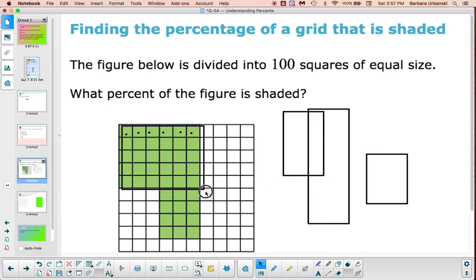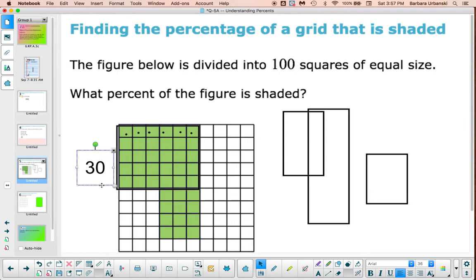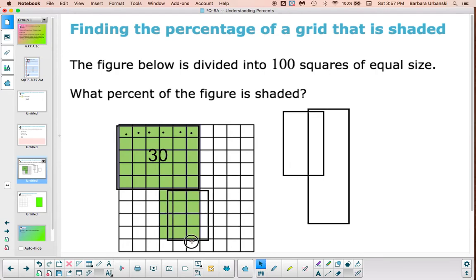If I had this as the area, I could see that this is 6 by 5. So we would know that the area of that would be 30 squares. Then you'd take a look at the bottom part, and you could do the same thing. You could just count: it's 3 by 4.